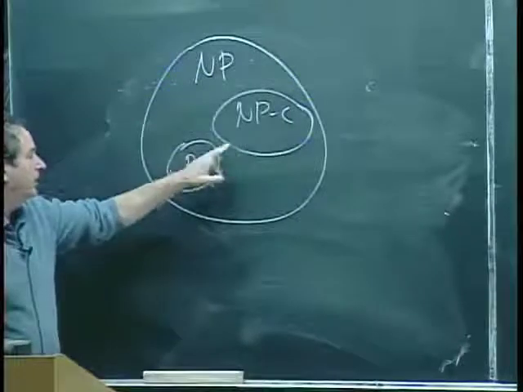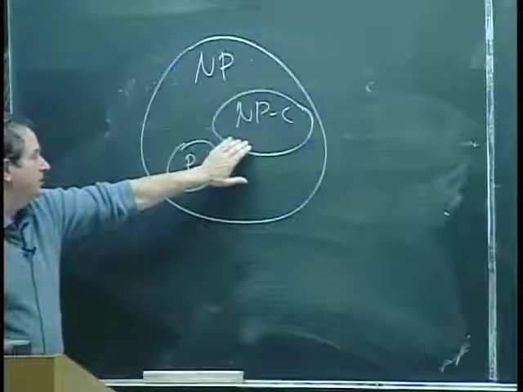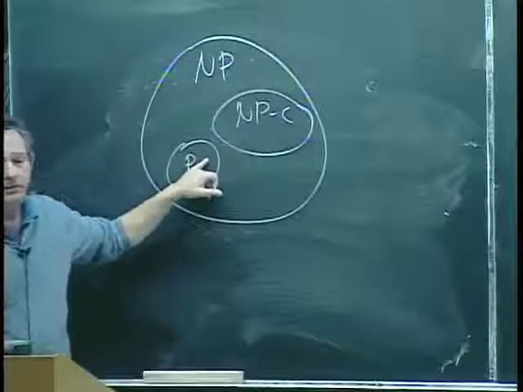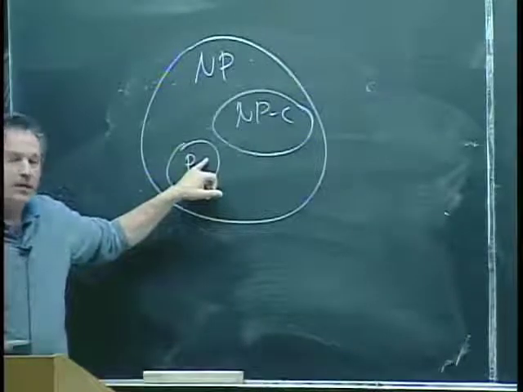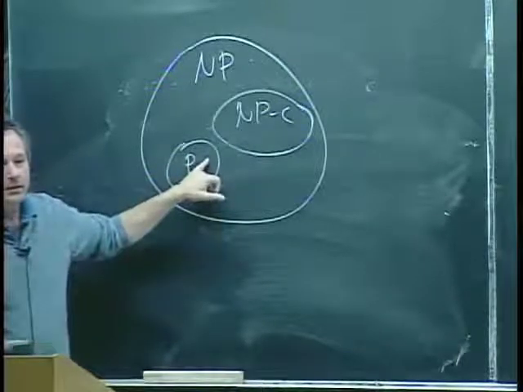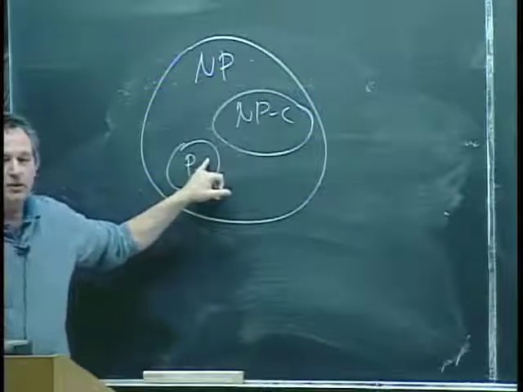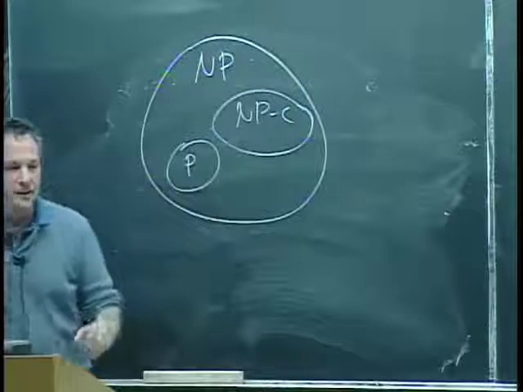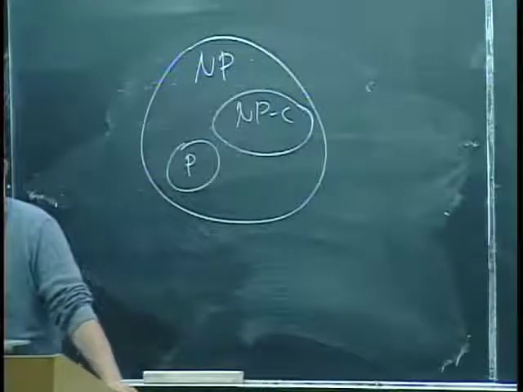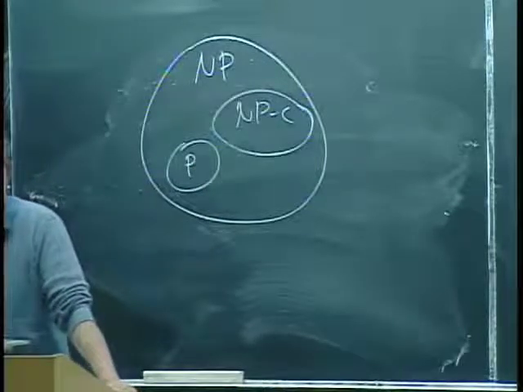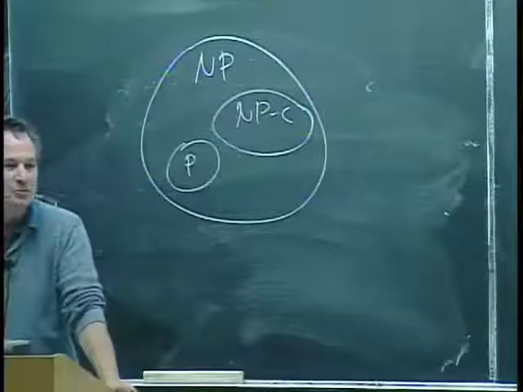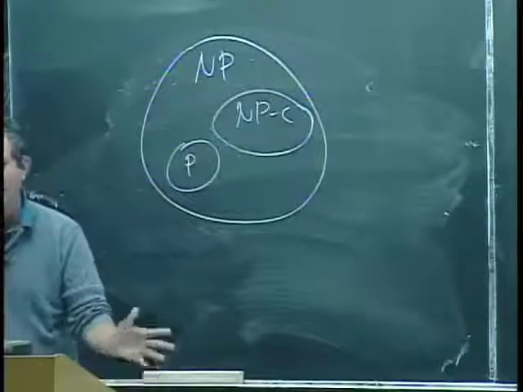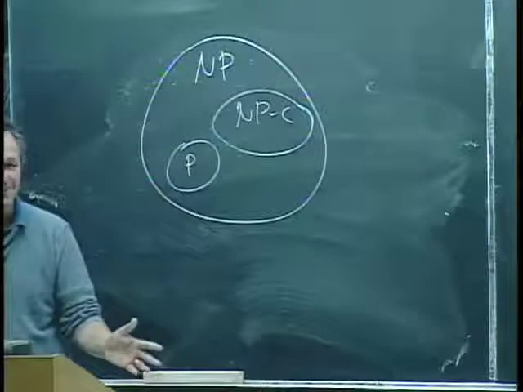The only thing I can say about NP-complete, well, what can I say about this circle and this circle? They are disjoint, or who said disjoint? They are logically disjoint, or probably disjoint, or currently disjoint.